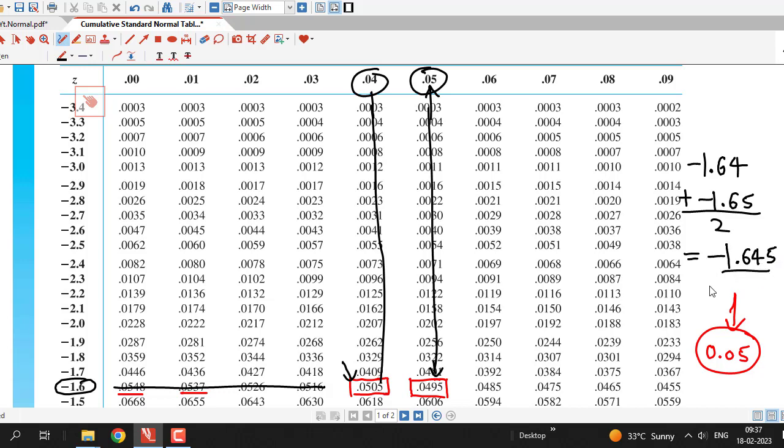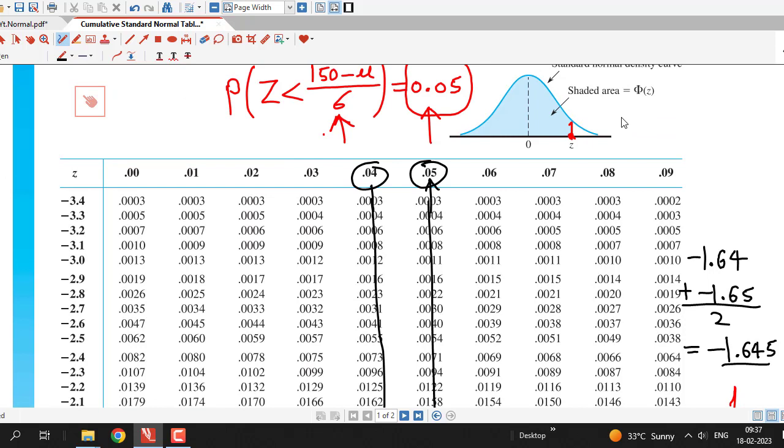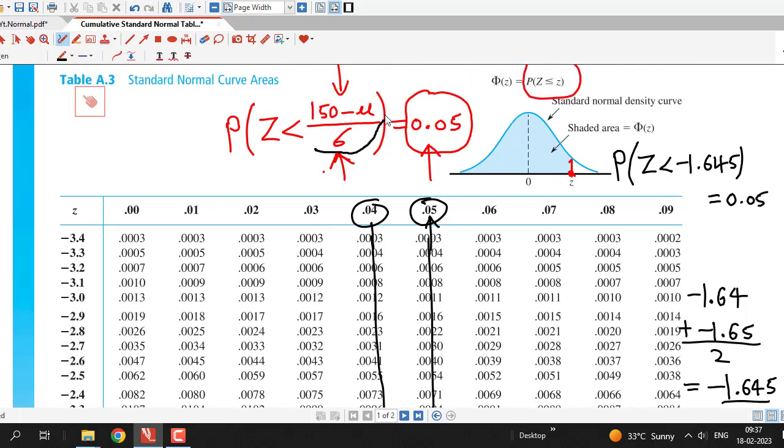1.645. So if we consider small z equal to minus 1.645, then we can say that probability that capital Z is less than minus 1.645 is equal to 0.05. So now we can compare.